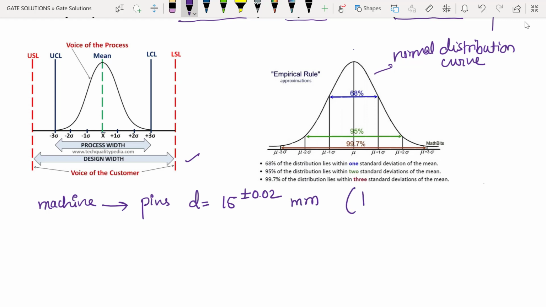So it is the design specification. It is designed this way. This means that a diameter which lies within this range is acceptable.